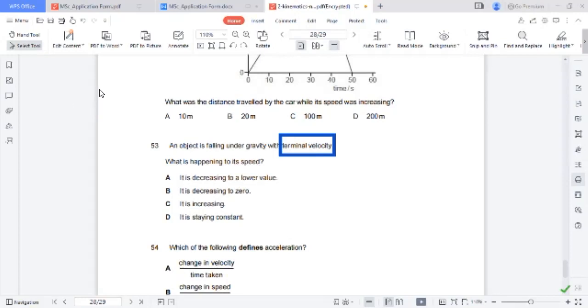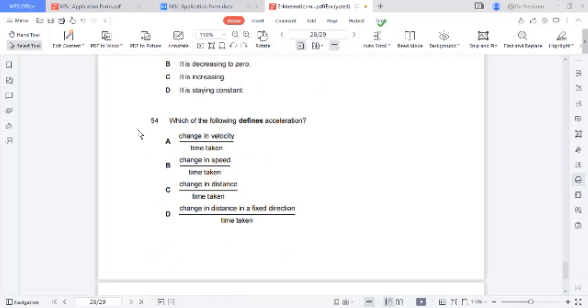So it is decreasing? That's wrong. It is increasing? Wrong. It is fixed. Actually the terminal velocity is fixed, which means its magnitude is fixed. So the magnitude of terminal velocity is the speed.